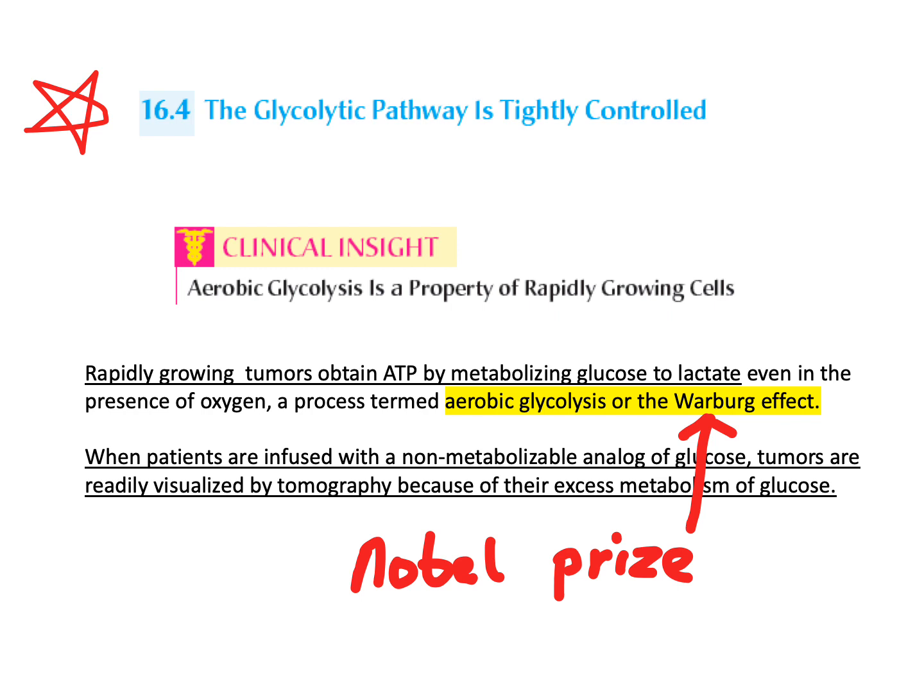Dr. Warburg won the Nobel Prize because of this discovery in the 1920s. Because of his discovery, we have this technique to infuse patients with a non-metabolizable analog of glucose, meaning fake glucose, and tumors are rapidly visualized by tomography because of their excess metabolism of glucose.